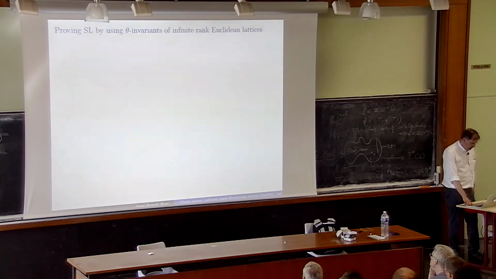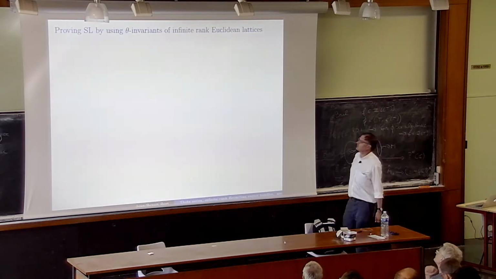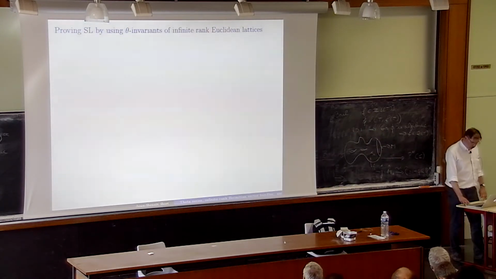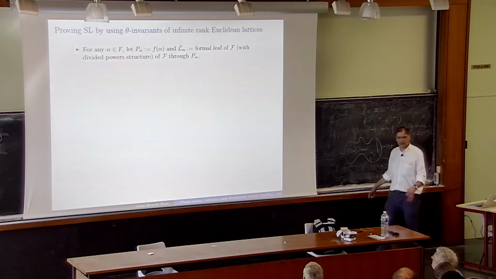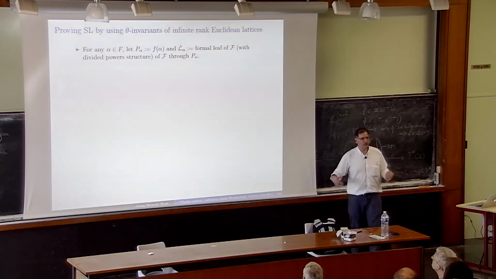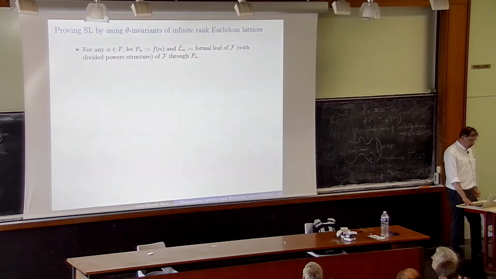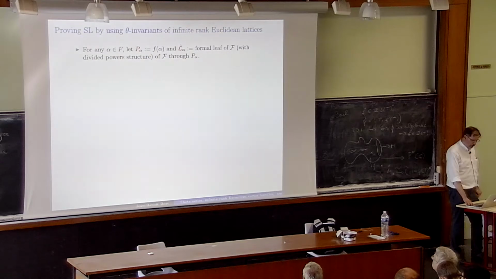So now let me explain how you can prove this, what it is in natural interpretation using these infinite rank Euclidean lattices. So here I will work with infinite rank Hermitian vector bundles over K that I did not define, but you can imagine that it exists. So basically it goes as follows. For any point in our set, you may consider its image on the formal germ of leaf of our foliation through this point.